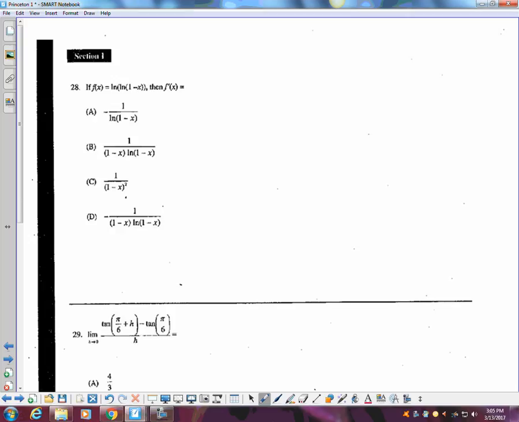Just be crystal clear about your rules. The outside function is a natural log. So you're using that rule. So that's dov over of, right? Dov is the derivative of the inside. Okay, so how do you take the derivative of the inside? Dov over of. So what's dov?